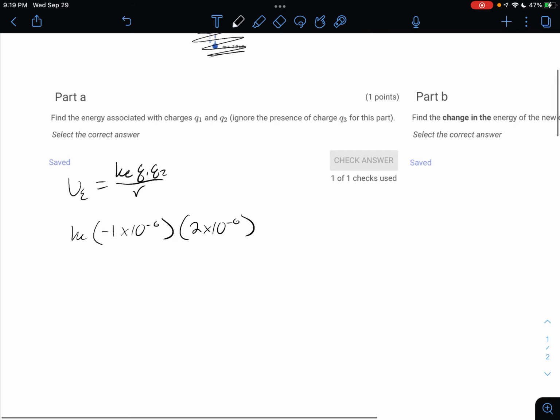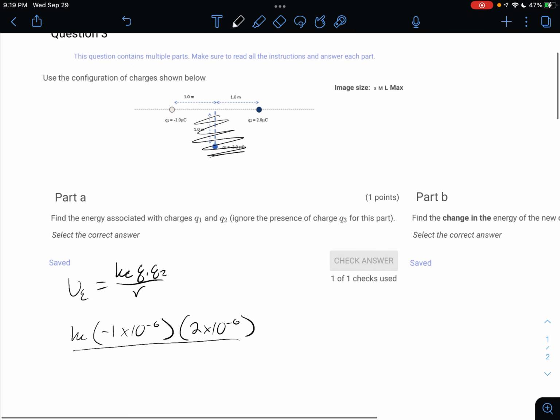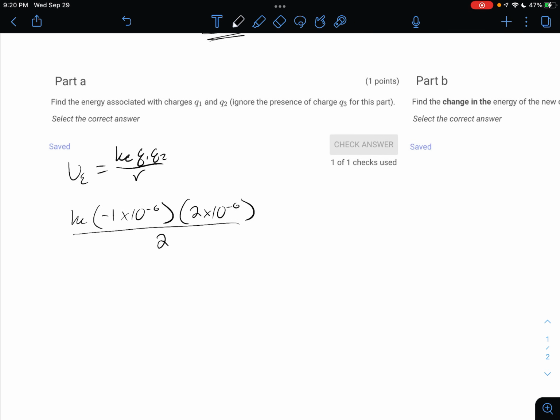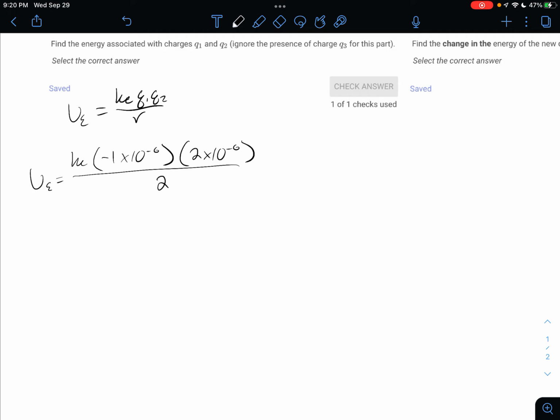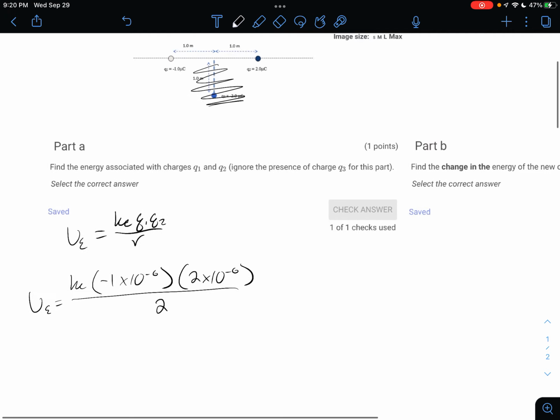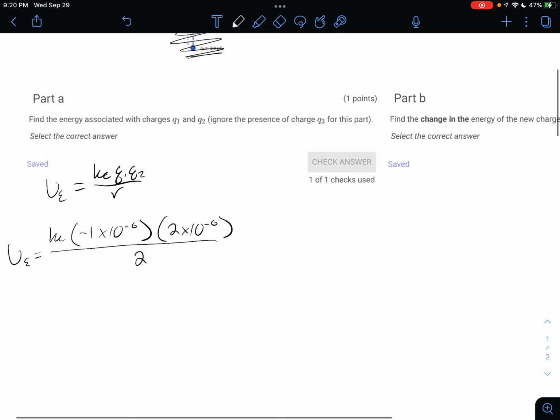Again, I'm putting these into coulombs just to keep the units consistent. And that's going to be over the R, which is going to be 2 meters. That's R2. And then that's going to give us our energy between those two in this given situation. And if we just plug that in, that's our answer.